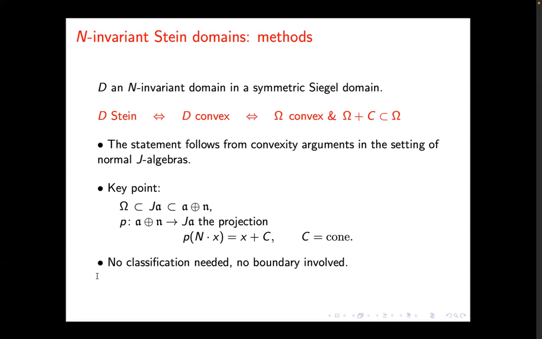And so it's not that hard to prove this fact, but you have to embed the whole problem in this context. But there is no classification needed and no boundary of the domain involved. So there is some machinery, of course.